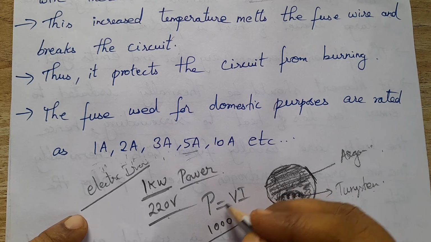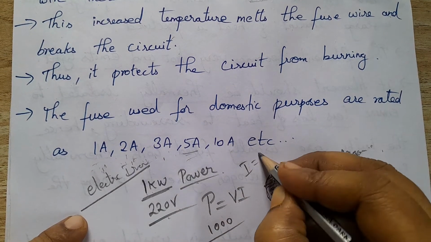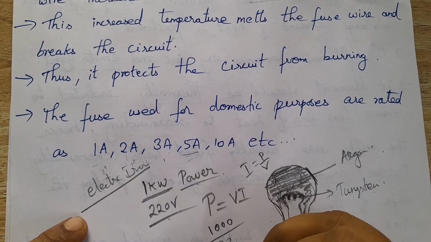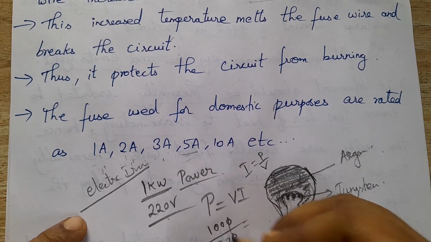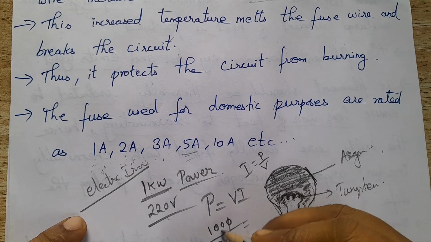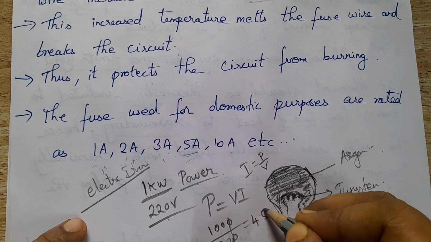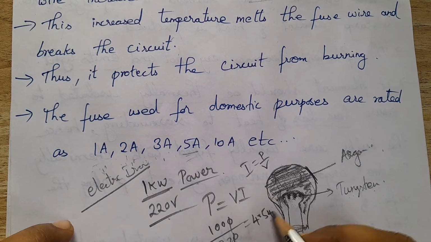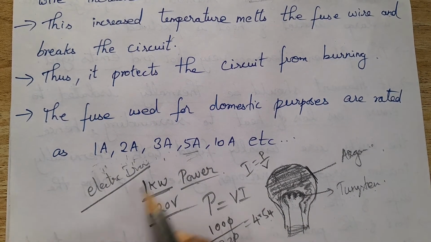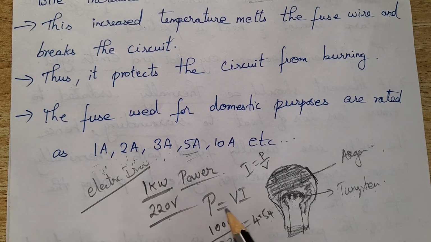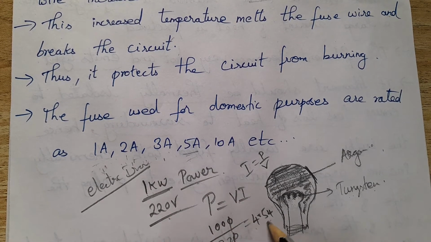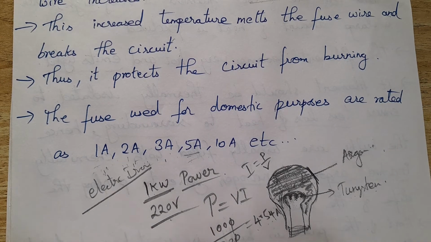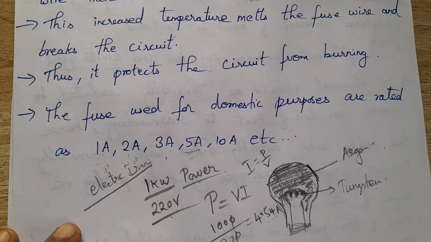I equals P by V, so 1000 divided by 220 volts comes to around 4.54. So the current supplied for this electric iron is 4.54 amps. It is enough to supply 4.54 amps for this electric iron.